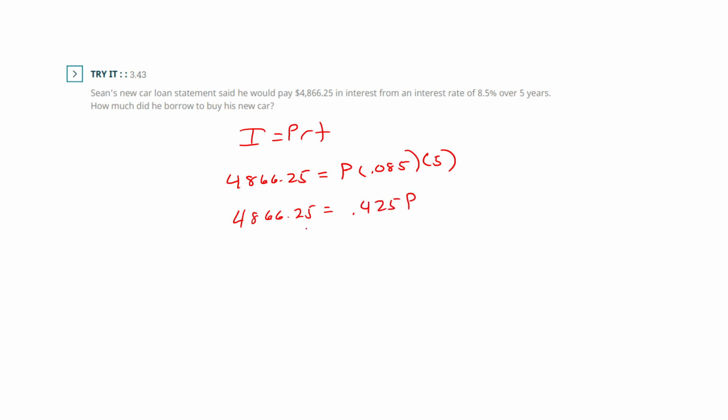Okay, so I've got that just rearranged. I'm going to divide both sides by 0.425. Get 11,450 equals P. So the original amount must have been 11,450.